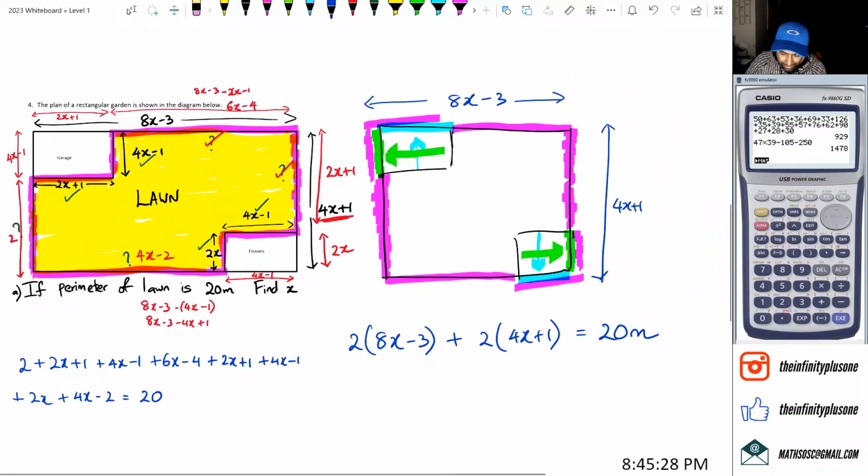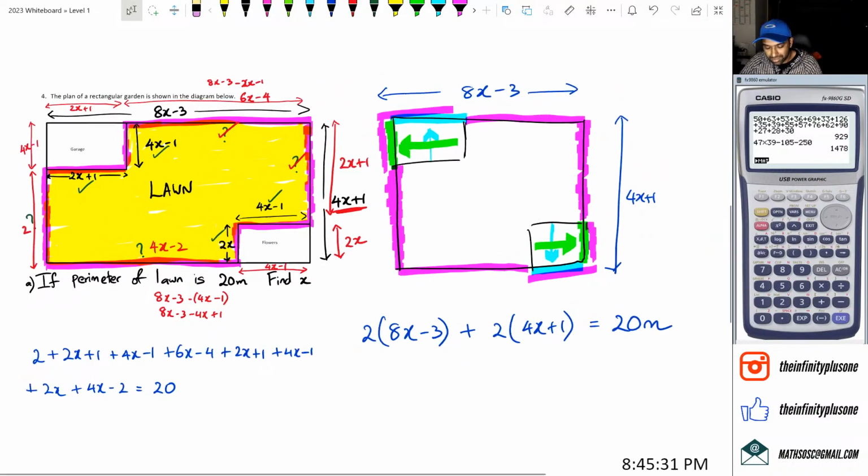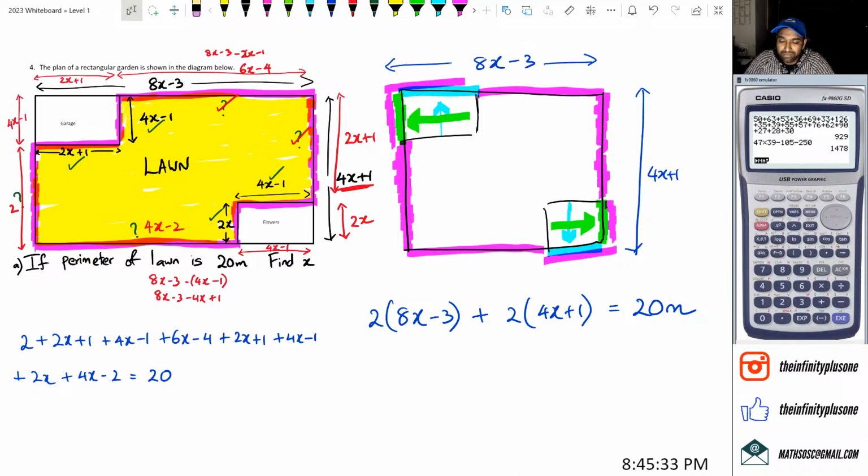So as you guys can see, both of these methods are going to work out, but the shortcut method is definitely going to be so much quicker, and you're going to have less chance of making mistakes. Sorry, the first method is the shortcut. But we'll do both of them anyway, just to show you guys.